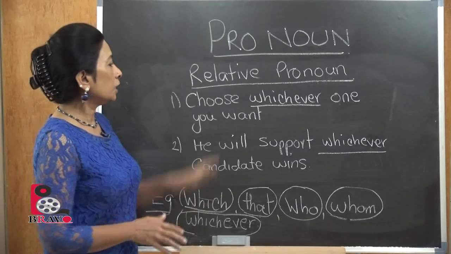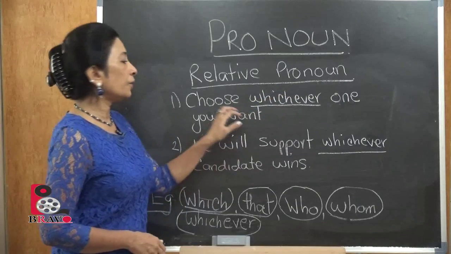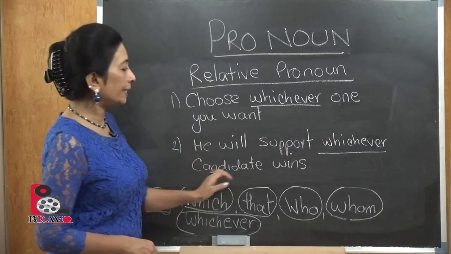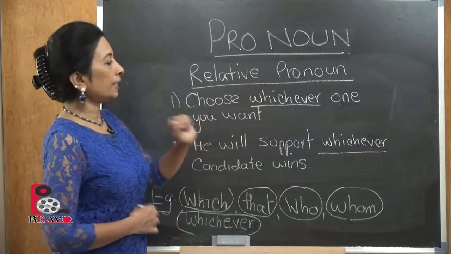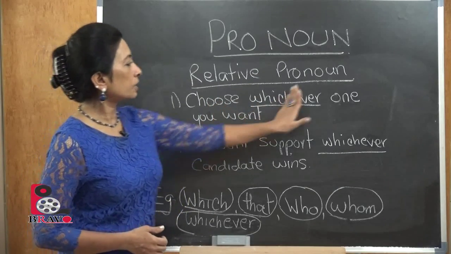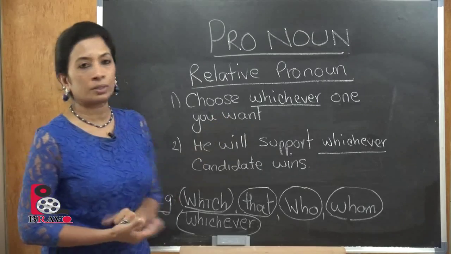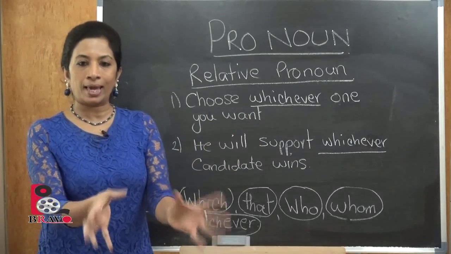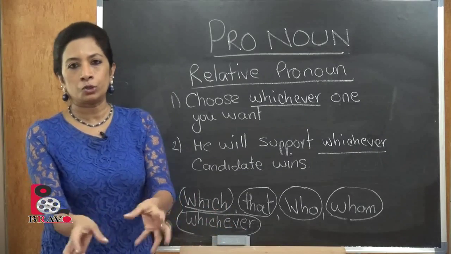The examples are, choose whichever one you want. He will support whichever candidate wins. Now you can see here, I could say choose which one you want. When I say which one you want, it means maybe there are just one or two pieces there.